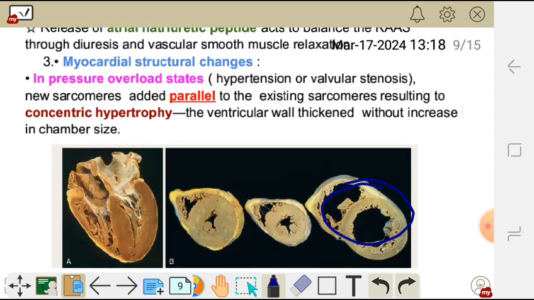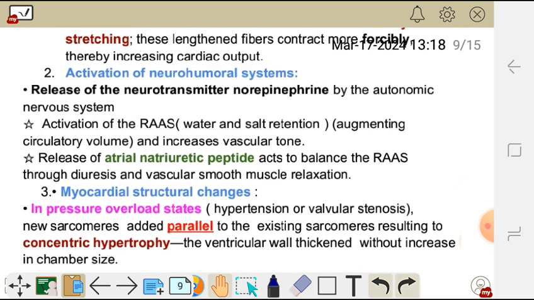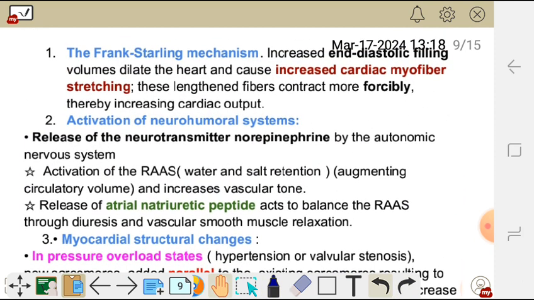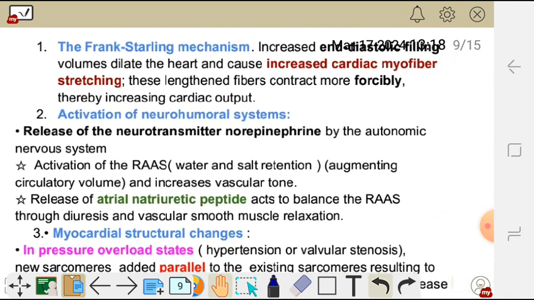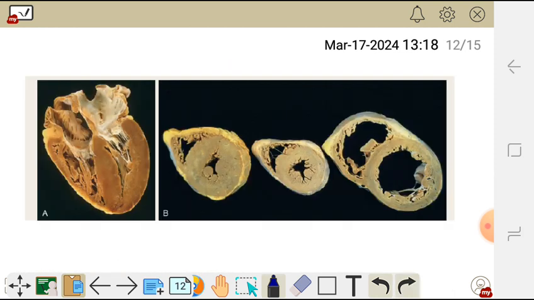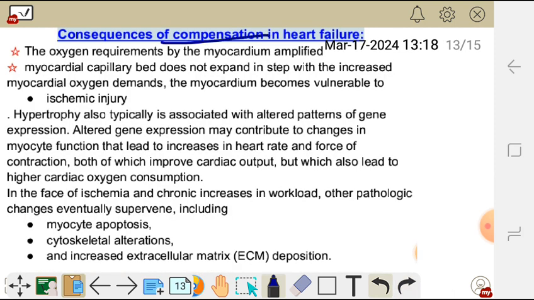Then apart from myocardial structural changes, we have compensation such as activation of the neurohumoral system, and we also have the Frank-Starling mechanism. So these are the three compensations which are activated in heart failure.